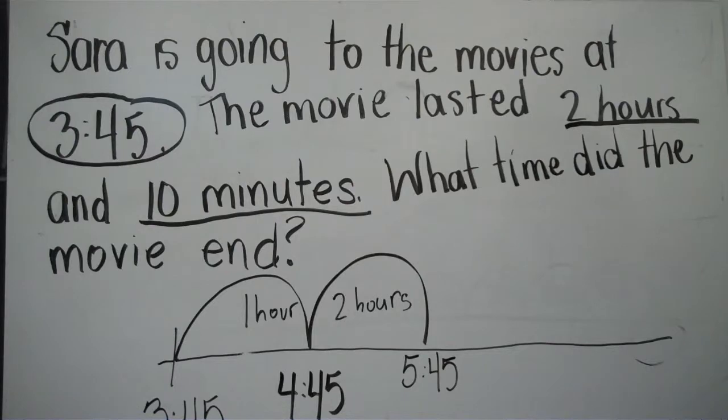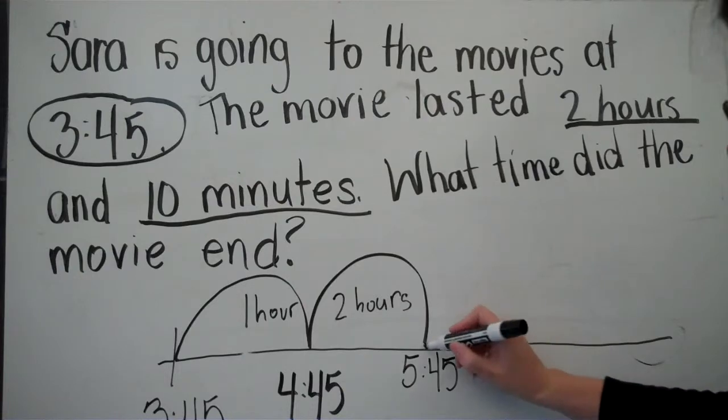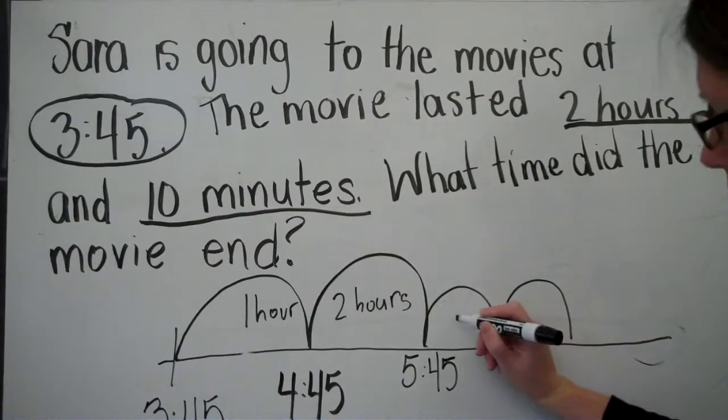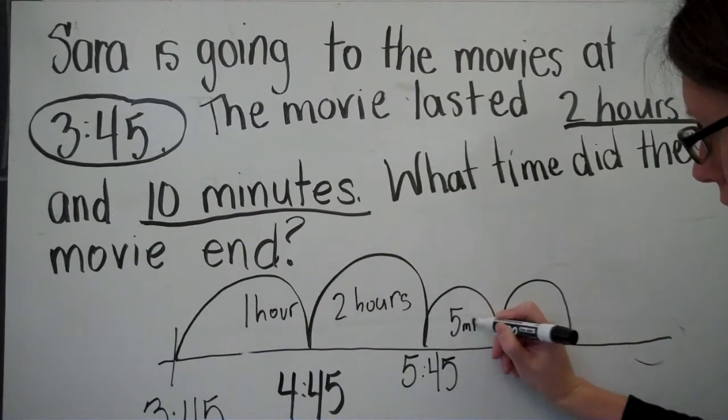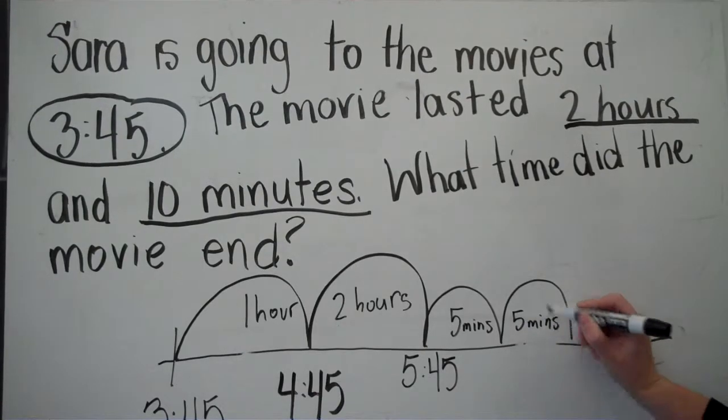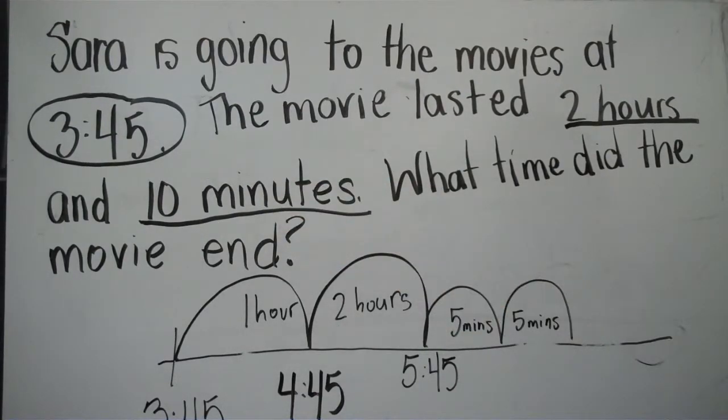And when I talk about minutes, I'm going to hop by 5 minutes. So I'm going to start here and I'm going to hop over 5. And then I'm going to hop over 10. 5 minutes plus another 5 minutes is going to give me 10 minutes.